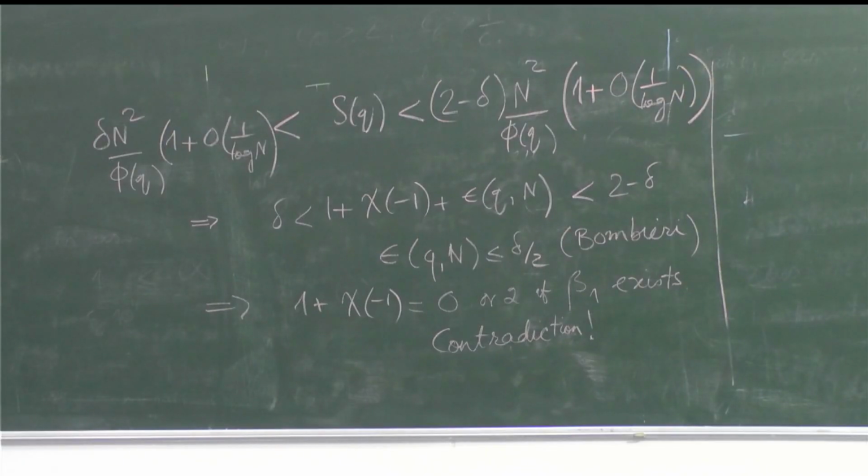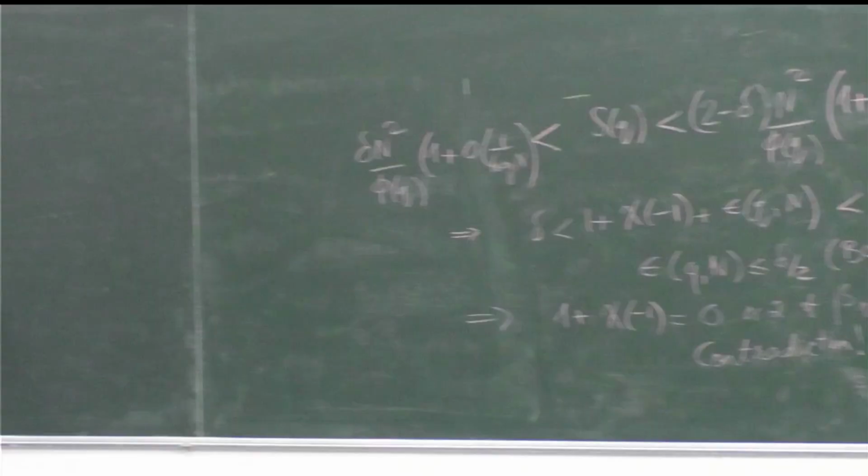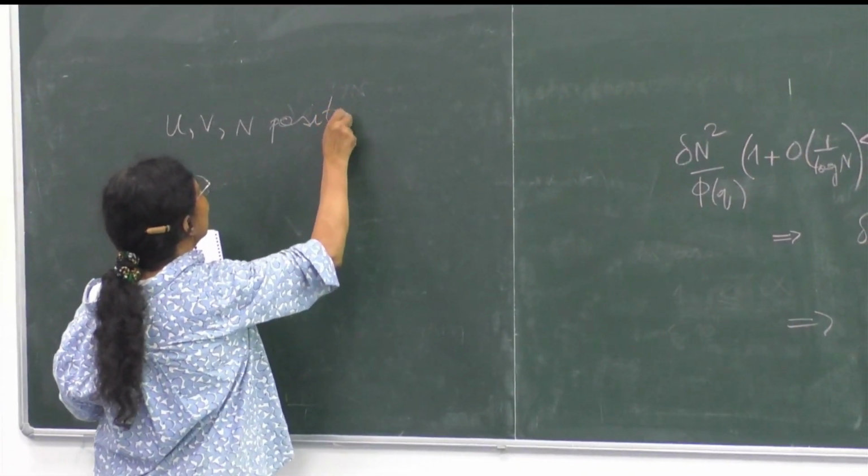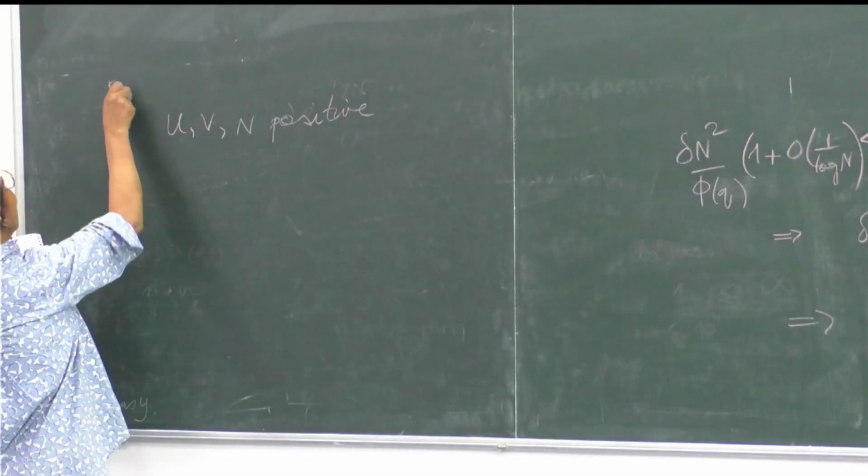We had u, v of n, which were positive integers. It's an exercise.